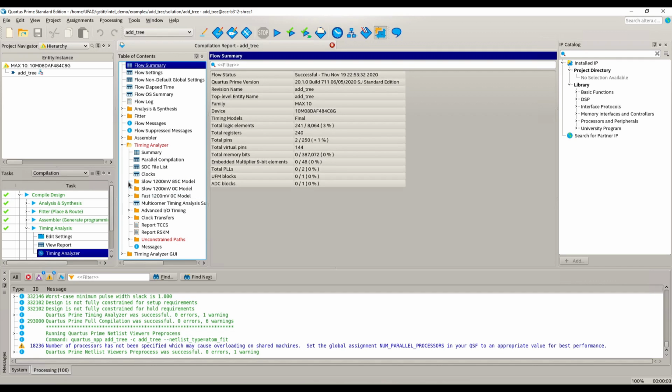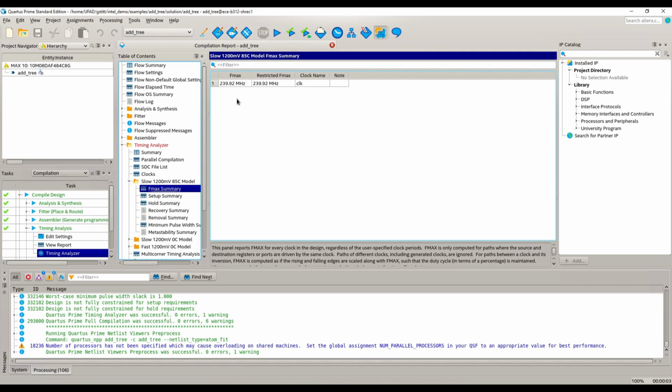So let's take a look at the worst case one, the slow high temperature model. And if we look at its Fmax, it's almost 240 megahertz now. So our clock constraint was 200 megahertz. So we are well above that, and we are considerably above what our original clock frequency was. So this is a massive improvement in frequency just by adding registers to the outputs of our adders.